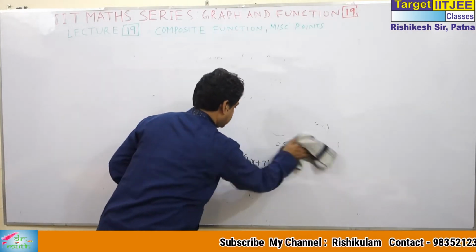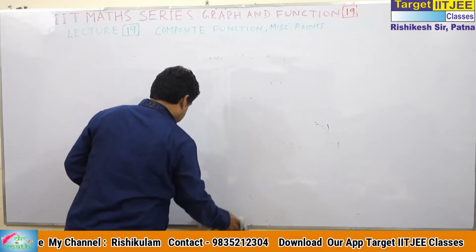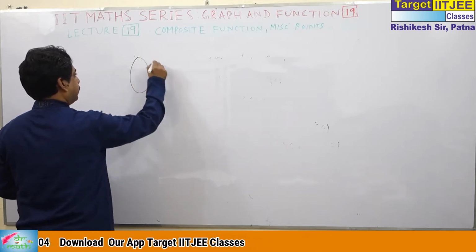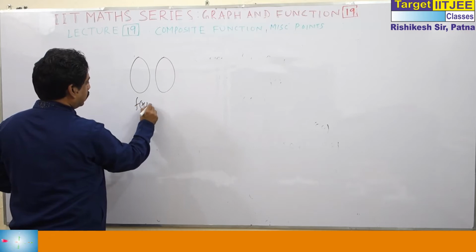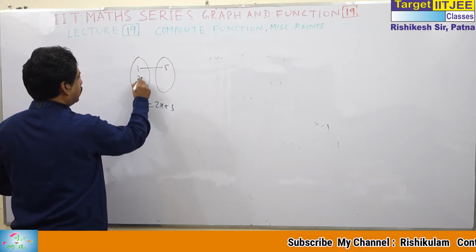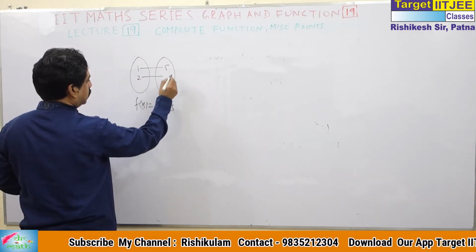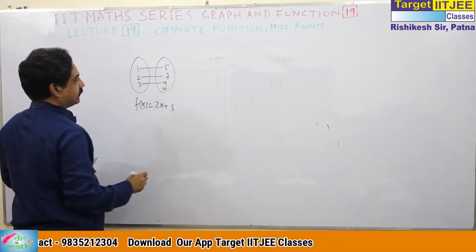There is nothing much in this. Suppose we have a function f(x) equal to 2x plus 3. From 1 this is 5, from 2 this is 7, from 3 this is 9, and this is also 10.